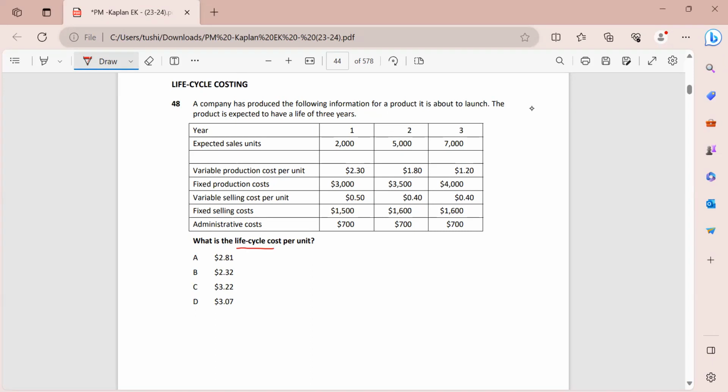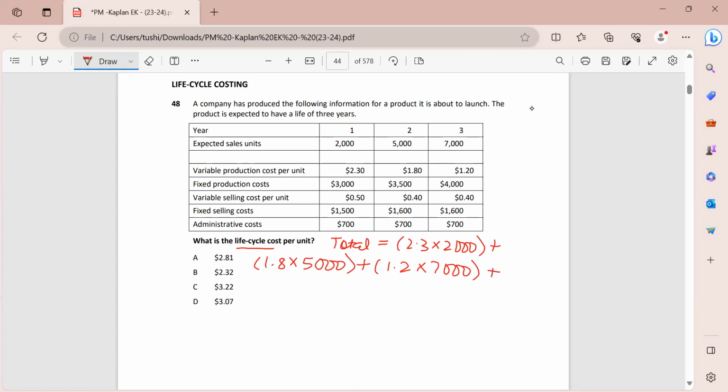So for life cycle cost, we need to find out first of all the total of all of these costs. So let's find out the total. The total will be, first of all, I will take 2.3 multiplied by 2000. Then I will take 1.8 multiplied by 5000. And then I will take 1.2 multiplied by 7,000. So this will be my total of the variable production cost per unit for all 3 years.